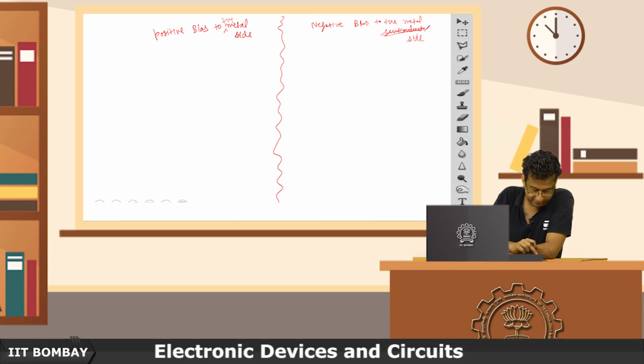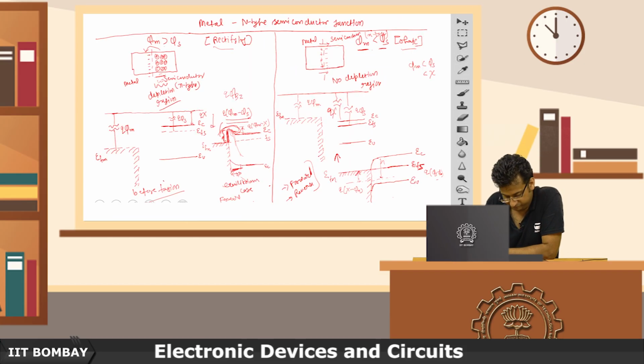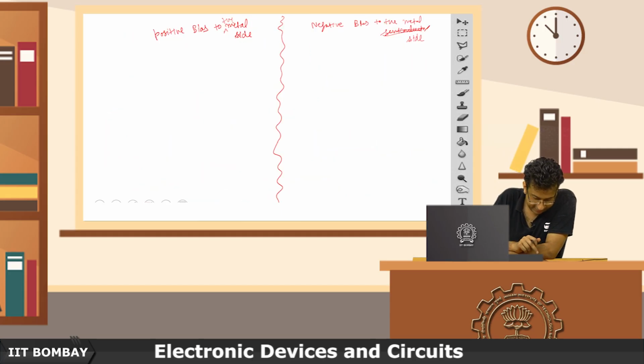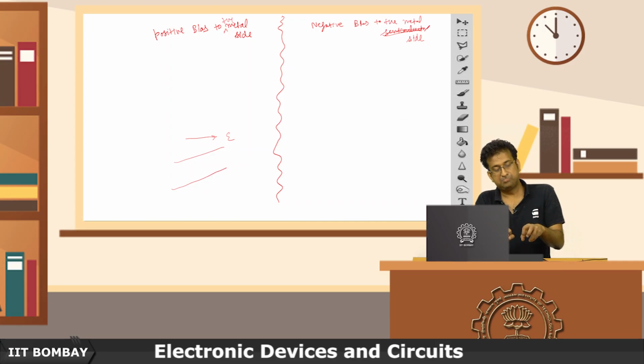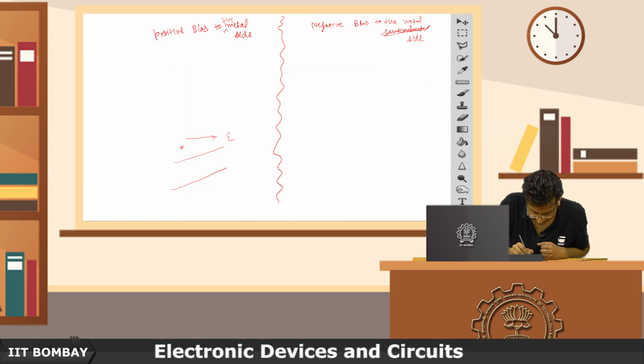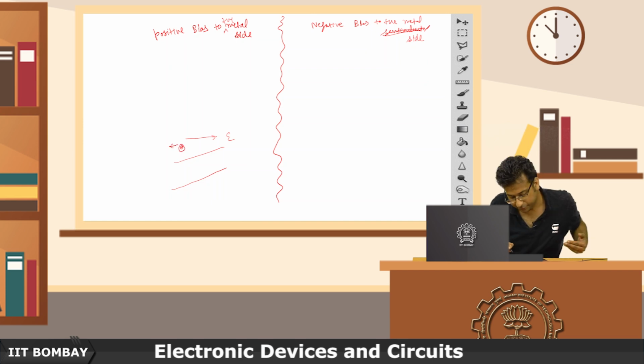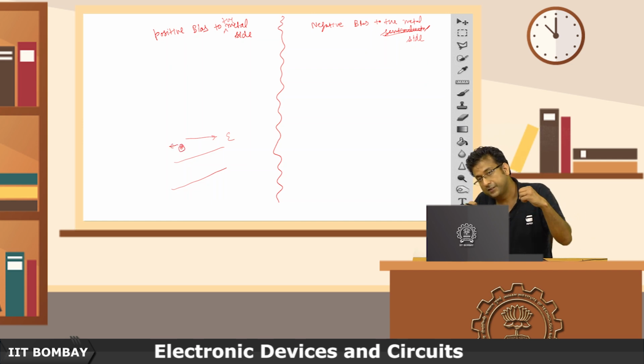So what will happen? So going back, these are the band diagrams, and from the previous lectures we know that in the direction of the applied electric field, the band moves this way. The energy is increasing, because these bands have been drawn for electrons, and electrons want to move against the electric field, right? If you somehow can push them in the direction of the electric field, their energies are increasing.